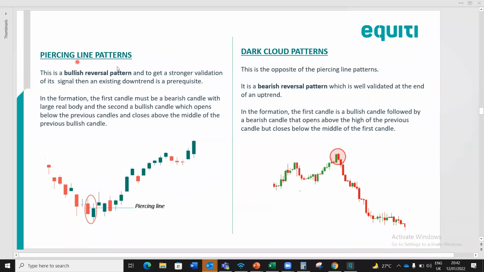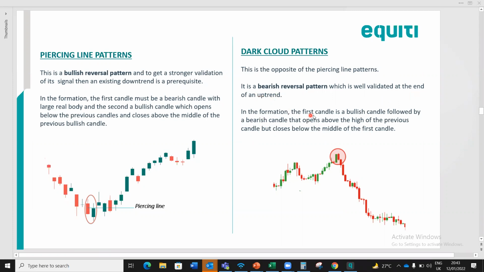Now, the opposite of the piercing line is what we call the dark cloud pattern. This is the opposite of the piercing line pattern. It is a bearish reversal pattern which is well validated at the end of an uptrend.